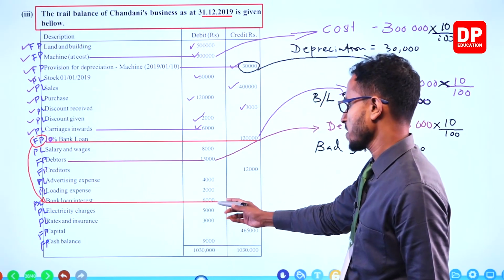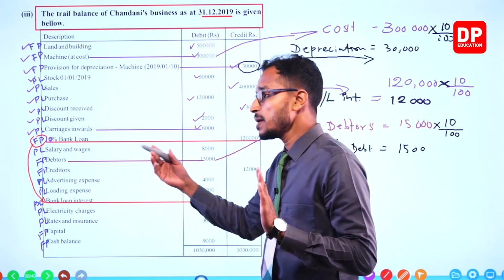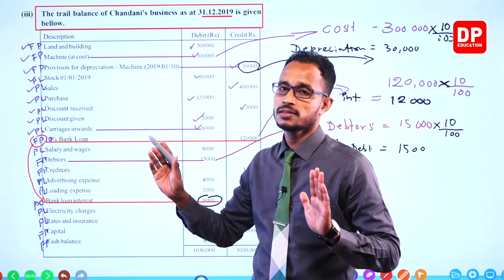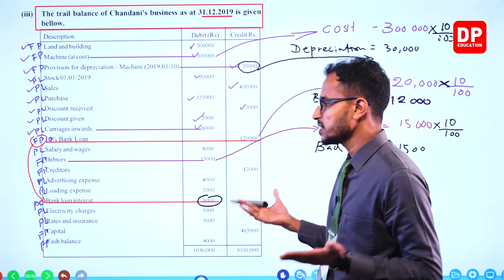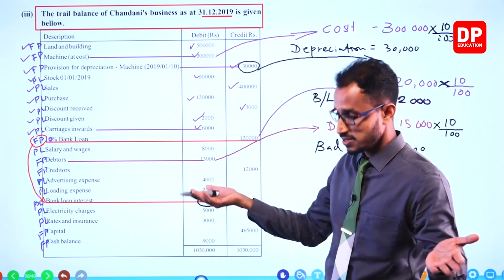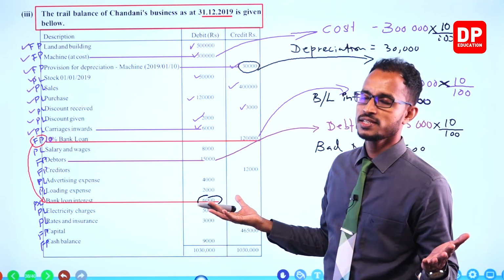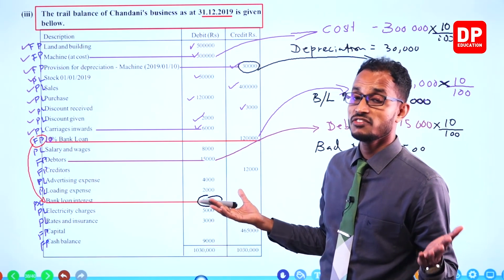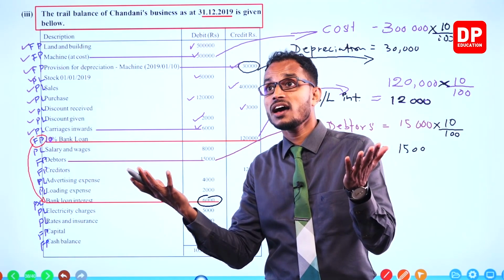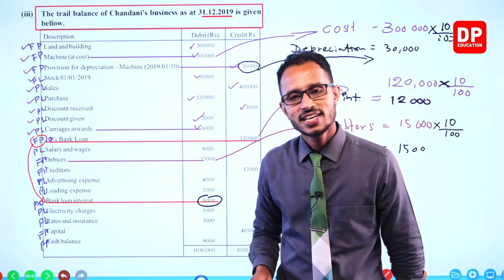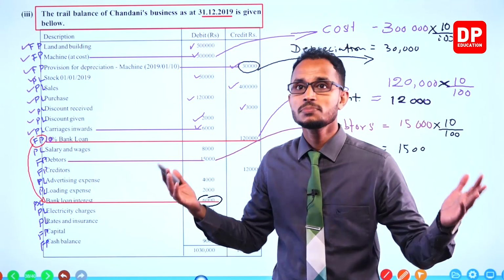We have marked it, and it is 6,000. That bank loan interest given in the trial balance is the paid amount, which brings us to a confusion. What is the problem here?